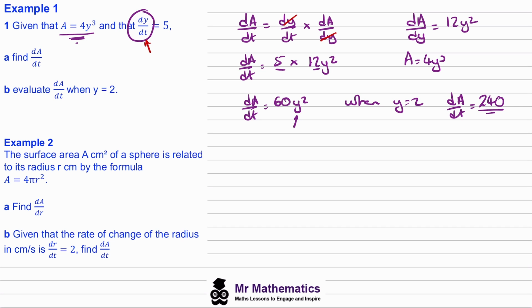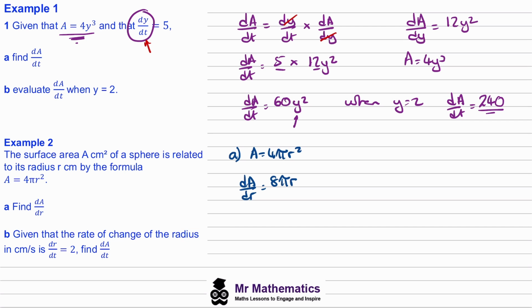So if we look at example 2, we're told that the surface area A of a sphere is related to its radius by this formula. We need to find dA by dr. So if A is 4 pi r squared, then we need to differentiate this with respect to the radius. So dA by dr will bring this 2 down and we get 8 pi r.